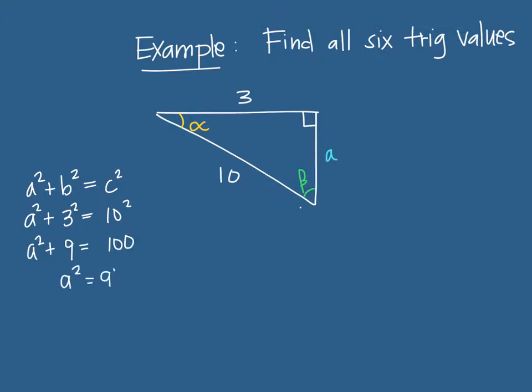So a squared is 91, and so a is the plus or minus square root of 91. 91 is not a math fact, and it can't be broken up into anything smaller. In that case, we would simply leave it as the square root of 91. There's nothing else we can do to that. We can't break it down.